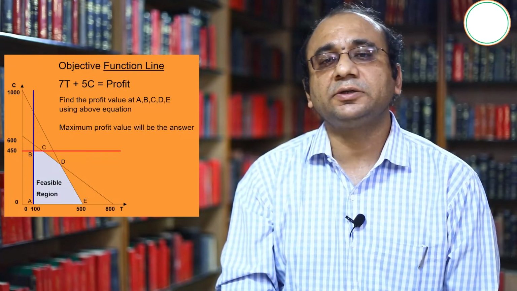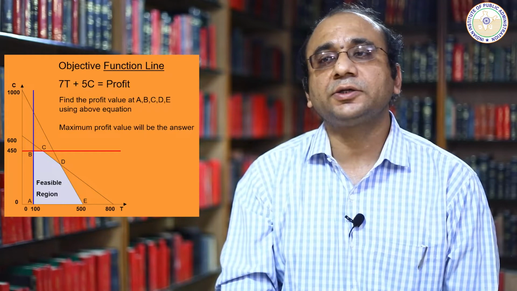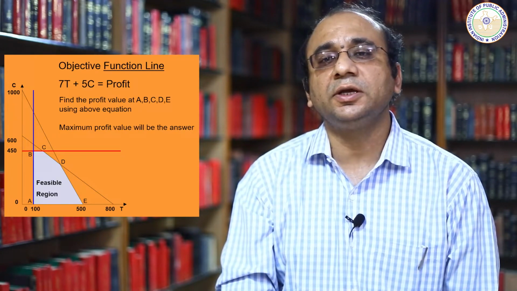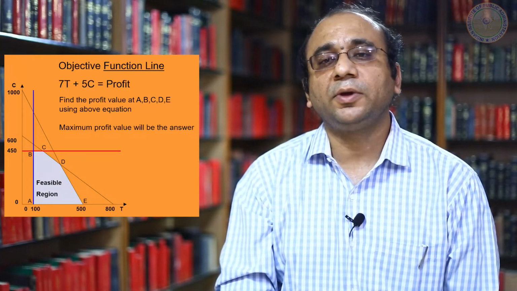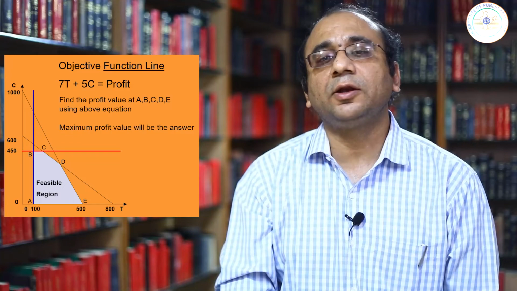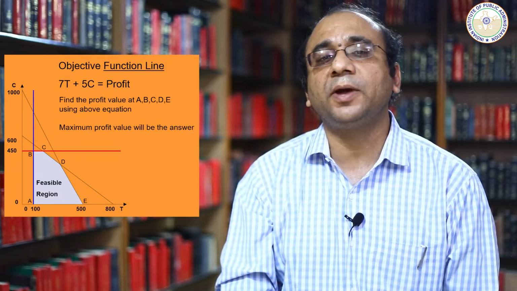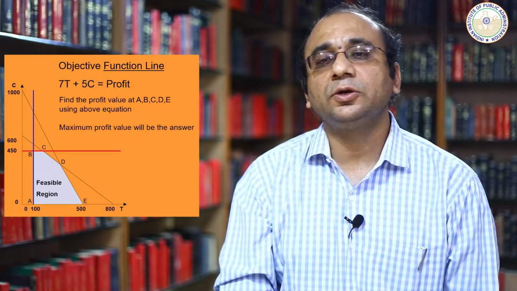You may find the solution with the help of the other method, that is, at each point of intersection, which we identified as A, B, C and D, you can calculate the value of T and C by the unitary method, and wherever T and C give the maximum value in the profit function, that will be the best solution available.